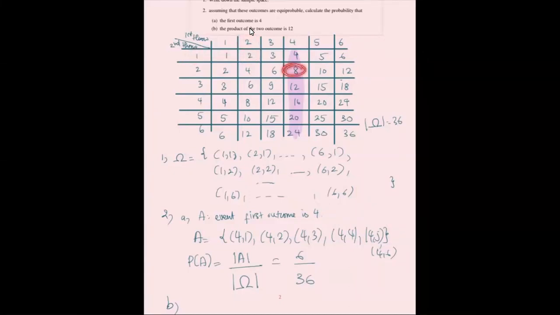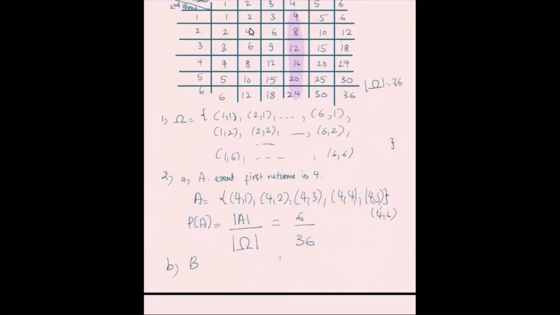For example, like this one, my first outcome is 4, my second outcome is 2. So the product is 8. So I fill it in. If the question is interested in the sum or the difference, something like that, then your value of intersection should also change correspondingly.